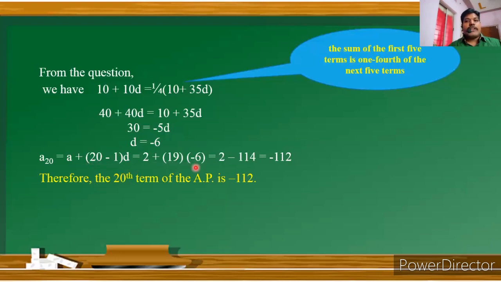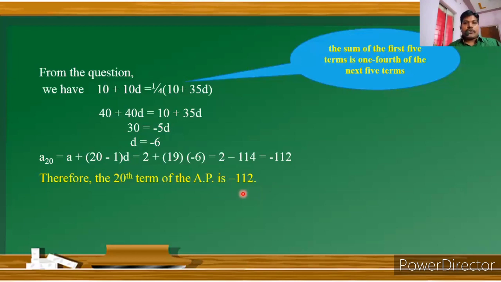Replacing these values here, it will become 2 minus 114, and that value will become minus 112. Therefore, the 20th term of the arithmetic progression is minus 112. In the question they asked us to prove this value. All are understood, students?